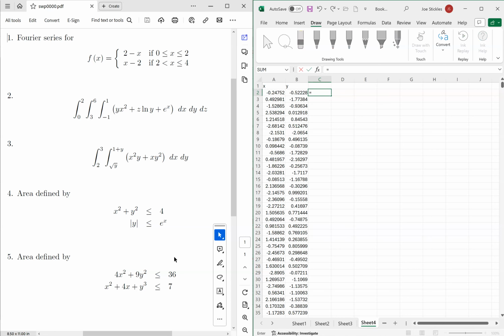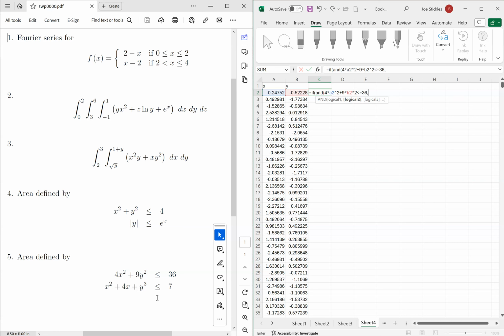And now this is going to proceed just like what we did in the previous one. I need to make sure that both conditions are met, that the point is in the ellipse and this other inequality is met. So I want to make sure that 4 times a2 squared plus 9 times b2 squared is less than or equal to 36. That makes the point in the ellipse.